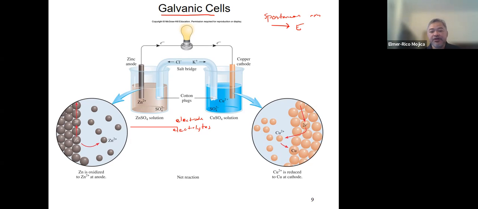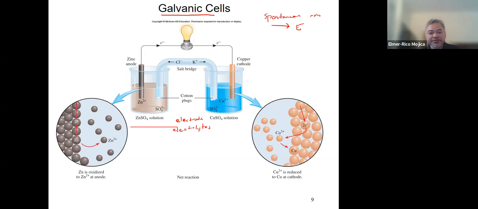So in a typical galvanic cell, you always have a metal that serves as your electrode that is dipped in a solution. Most of the time you have the metal electrode dipped in its ionic counterpart. But in some instances, when the substance involved is not made up of metal, you still have an auxiliary metal that serves as your electrode.